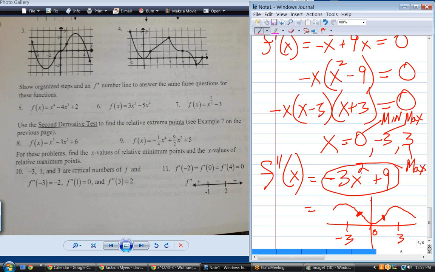And you can tell if we try to solve this that x equals plus or minus square root of 3 is going to be the 2 inflection points. In other words, if I solve the second derivative for where it's equal to 0, you get plus or minus square root of 3.